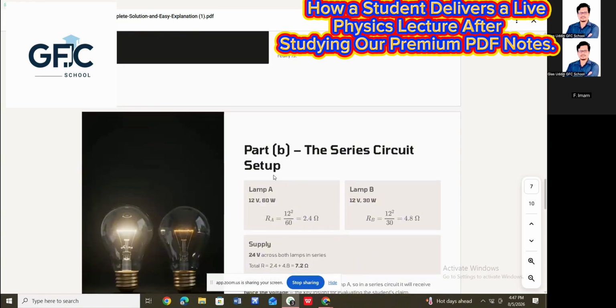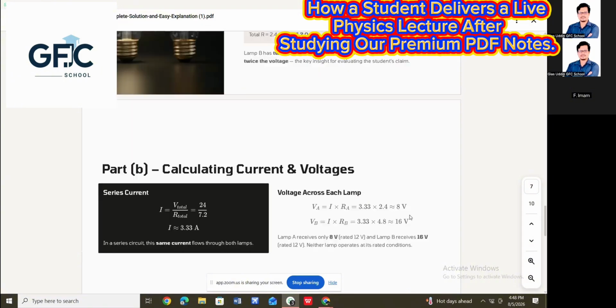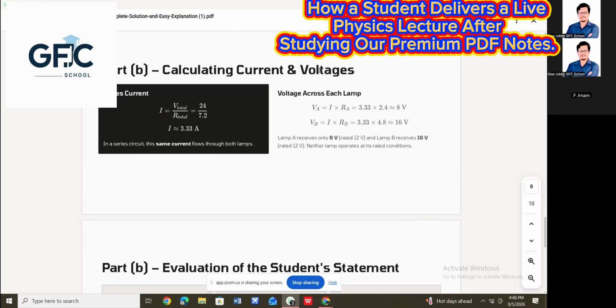The series circuit setup. Lamp A is like this, lamp B is like this, and you can just see. Lamp B has twice the resistance of lamp A, so in a series circuit it will receive twice the voltage. The key insight for evaluating the student's claim. Calculating current and voltages.